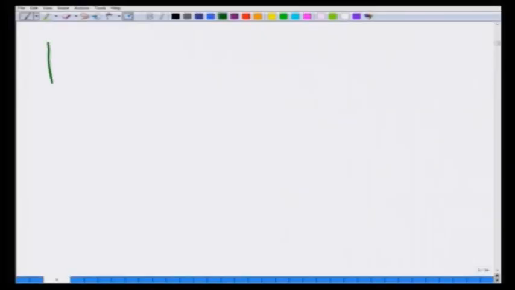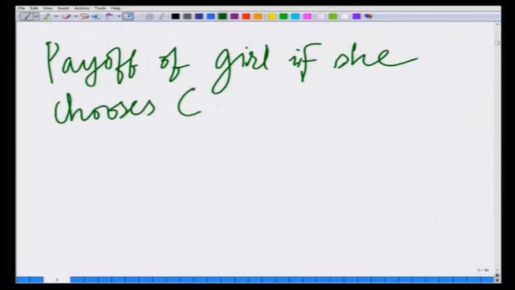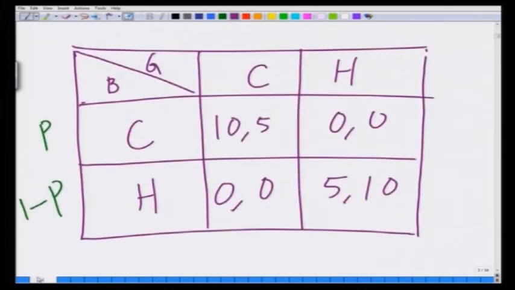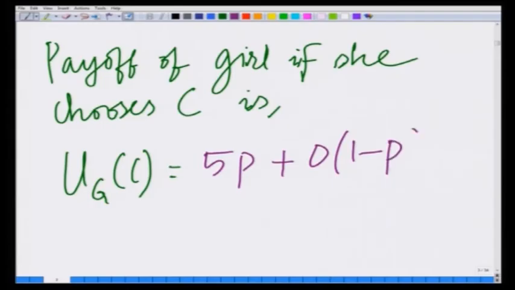Now, the payoff of the girl, if she always chooses C, is u girl of C equals 5 times p plus 0 times 1 minus p, which equals 5 times p.